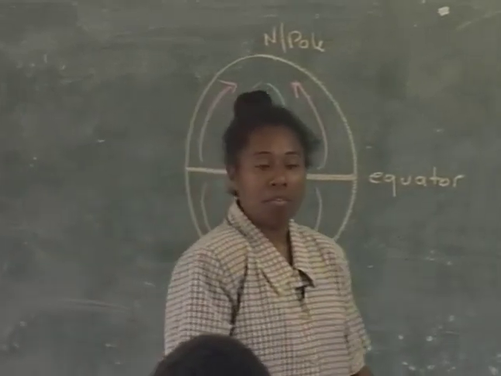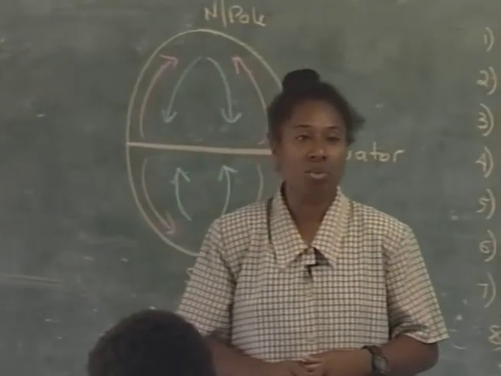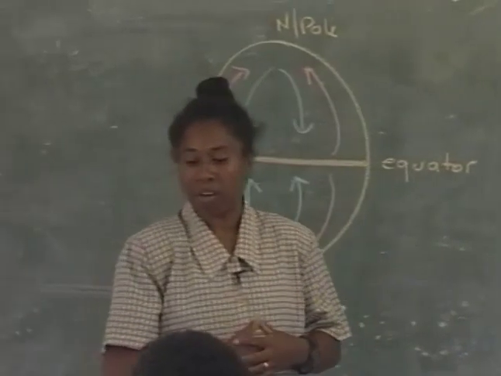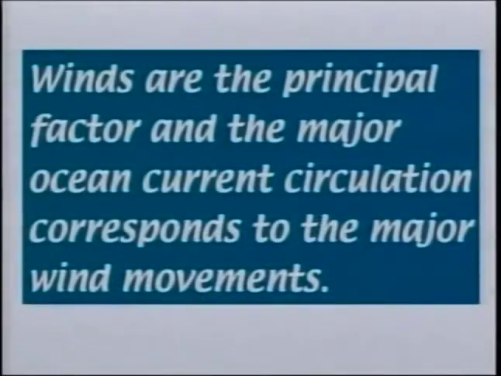We also note that for the movement of the surface water to take place, winds are the principal factor, and the major ocean current circulation corresponds to the major wind movements. In other words, the surface movements are greatly caused and affected by winds.